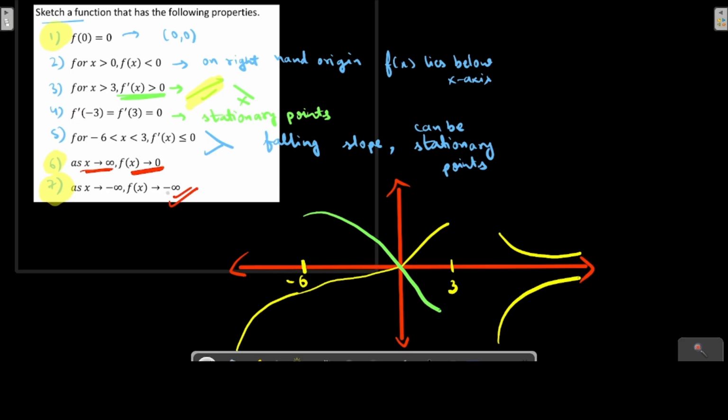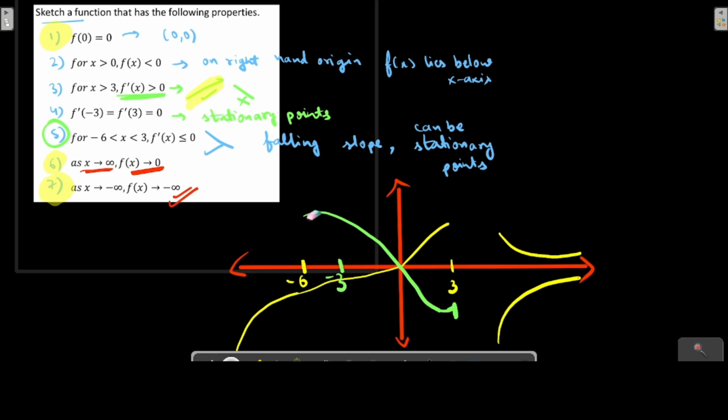For the fifth condition I have drawn with green, and the fourth says that at -3 and +3 the derivative is 0. It means there is a turning point over here. So at -3 we need to include a turning point as well.